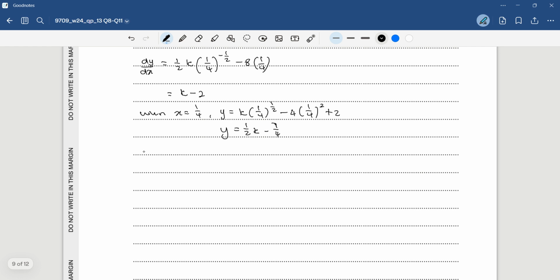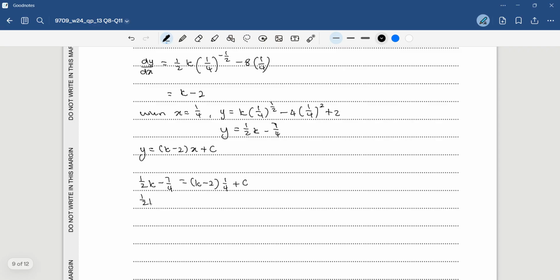Okay. So at equation of tangent A, y equivalent to the gradient, which is k minus 2, mx plus c. So when x equal to 1 over 4, y equal to this, so we substitute. So 1 over 2k minus 7 over 4 equivalent to k minus 2 times 1 over 4 plus c.